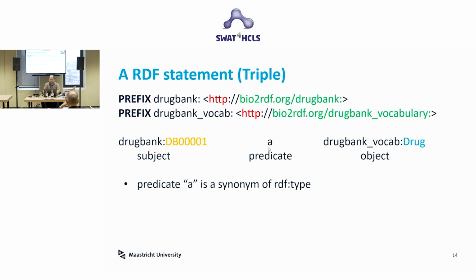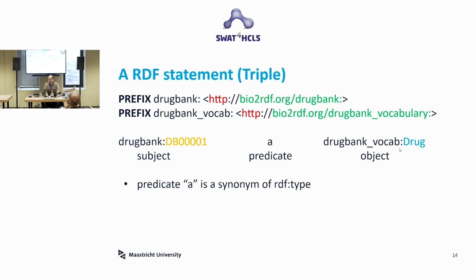The predicate is the easiest predicate in the RDF framework. It's called a, and it's a synonym of rdf:type. As you see here, rdf is also an acronym, which means there is a URL behind it, and type is the name of the predicate, so it already encodes the semantics. That means we're saying the subject is a type of something else, right?